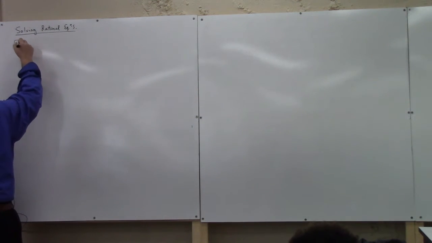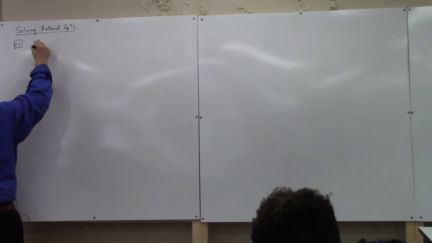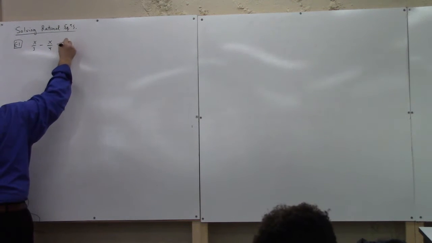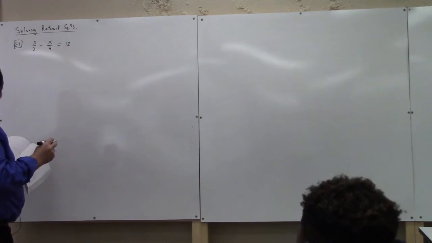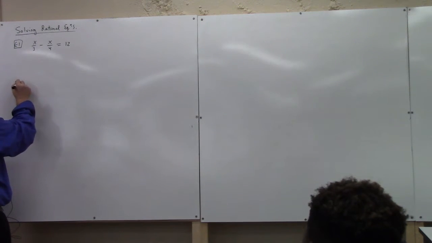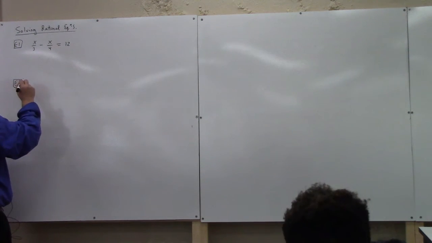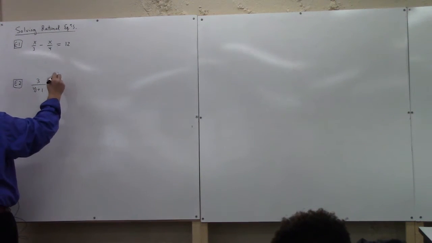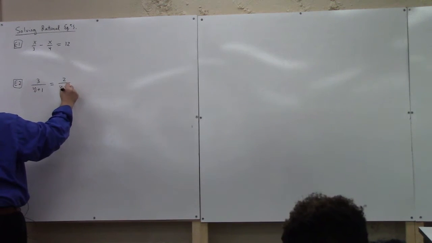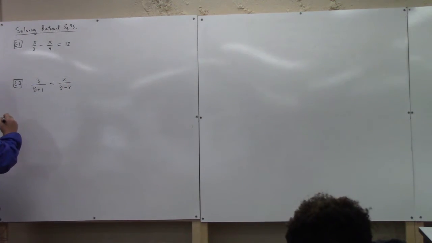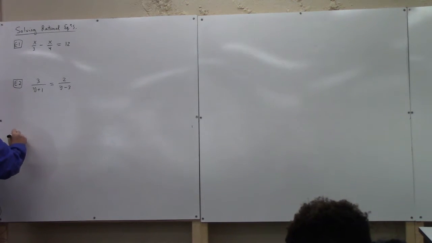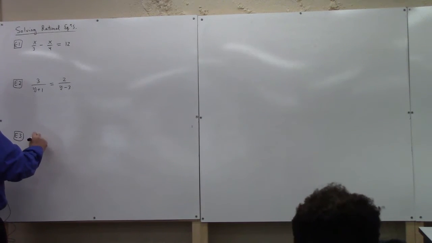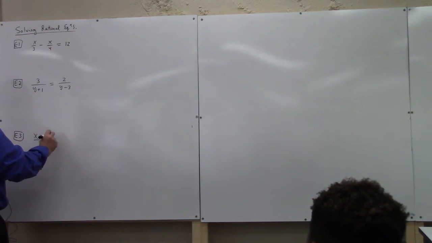Example 1, something like x over 3 minus x over 4 equals 12. Honestly, this problem we could have seen earlier in the course. Example 2, I'll do 3 over y plus 1 is 2 over y minus 3. Example 3 will solve x plus 1 over x equals 3 halves.